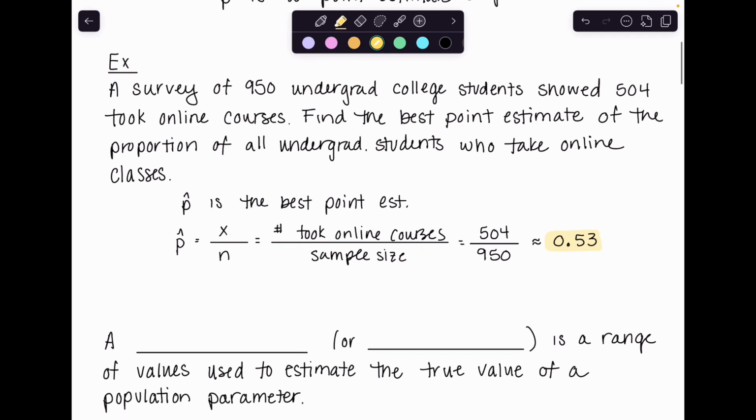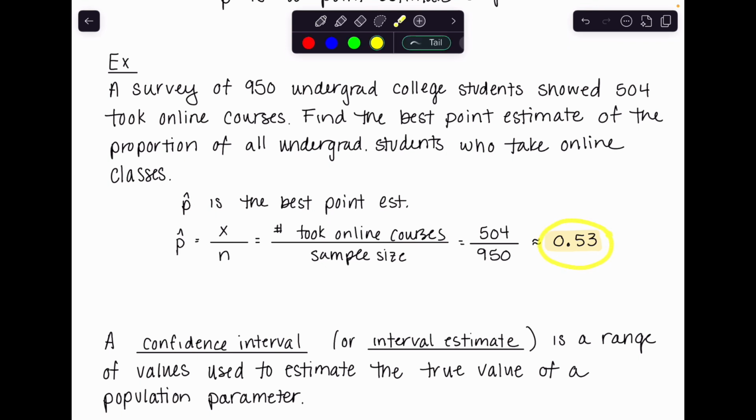So this is something that's called a confidence interval. A confidence interval, or often called an interval estimate, is a range of values used to estimate the true value of a population parameter.